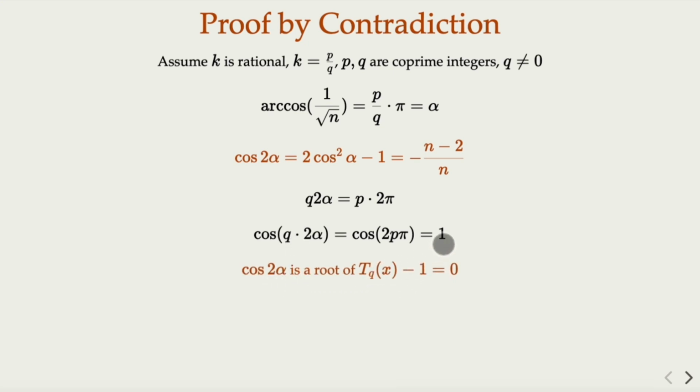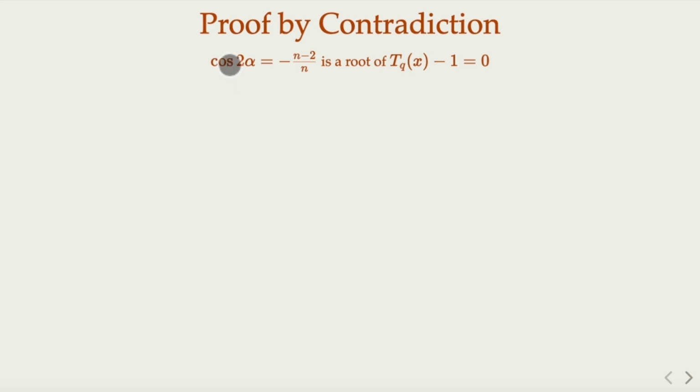Slightly different from the typical polynomial, we have minus 1. The fact that you have minus 1 does not change that this has integer coefficients with the leading factor of 2 to the (q minus 1)th power. And cosine 2 alpha is a rational number. So we first notice that this is a root, and we notice that this is a rational number, and n minus 2 and n are coprime, n is odd. And T_q has leading coefficient of 2 to the q minus 1.